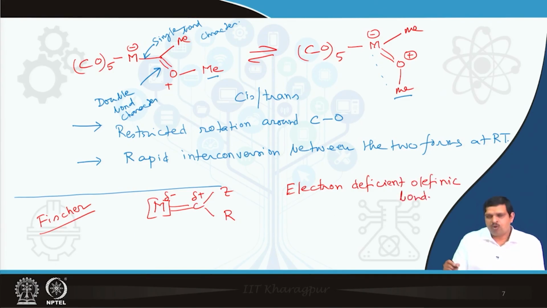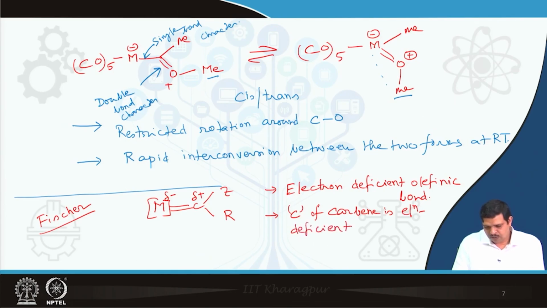Obviously it is not a carbon-carbon olefin, but it's an olefinic type of bond where one carbon is replaced by one metal fragment. So that's why this carbon is electron deficient. The carbon of the carbene is electron deficient in nature.